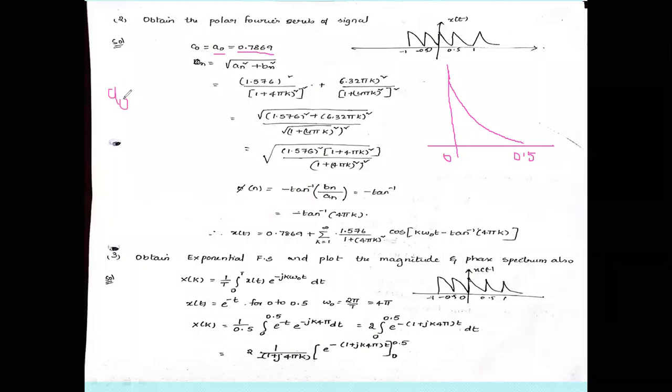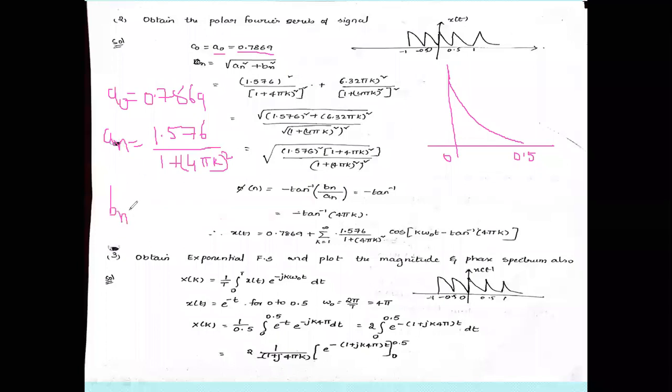A naught is equal to 0.7869 and an is equal to 1.576 divided by 1 plus 4 pi k whole square here. These are the only terms.